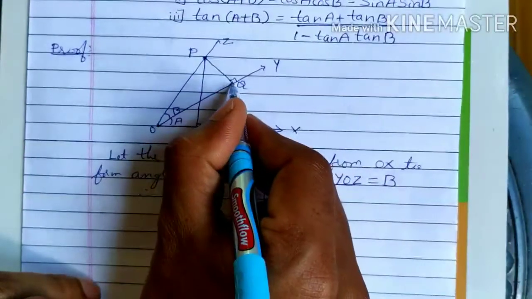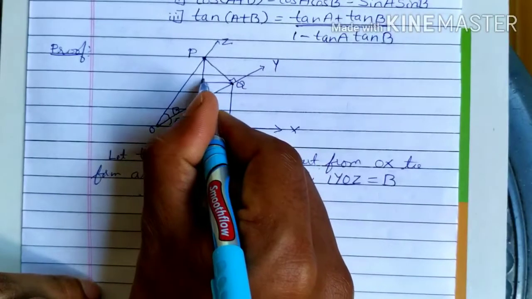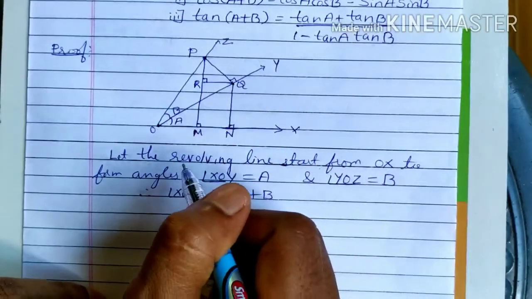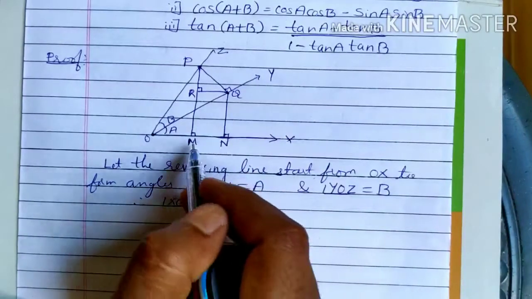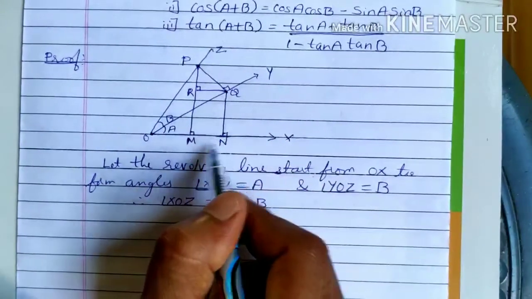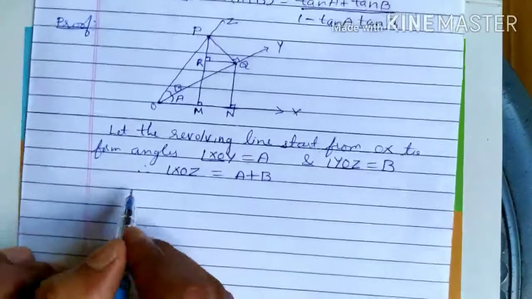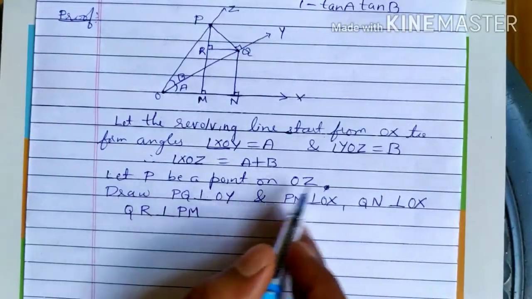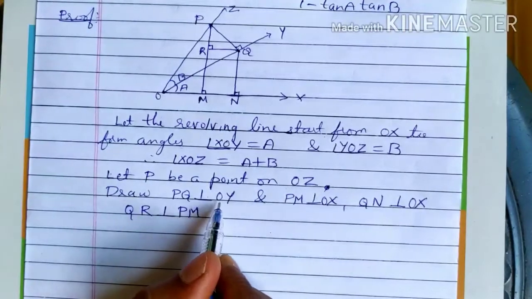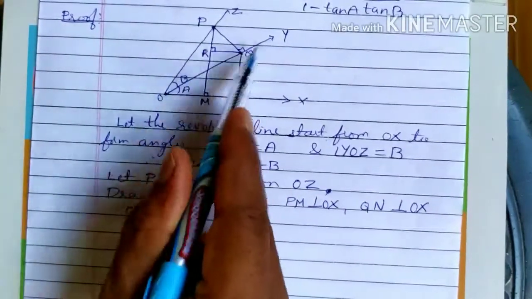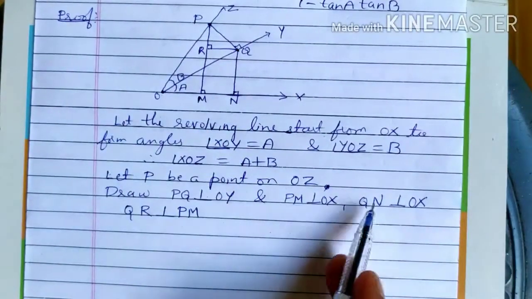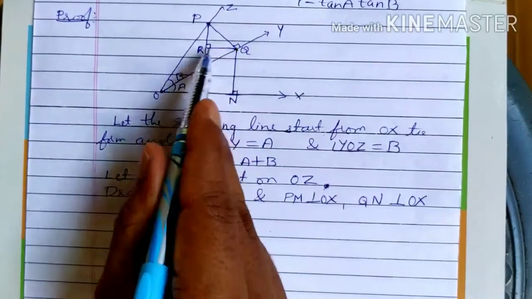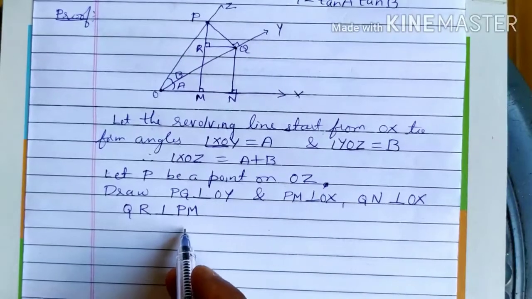Then from Q I have to draw a perpendicular QR. You can name it using any alphabet. So let P be a point on OZ, draw PQ perpendicular to OY, PM perpendicular to OX, QN perpendicular to OX, and QR perpendicular to PM. So this you have to write.